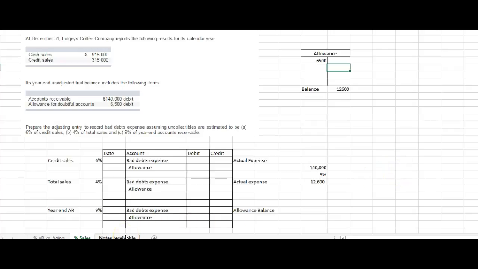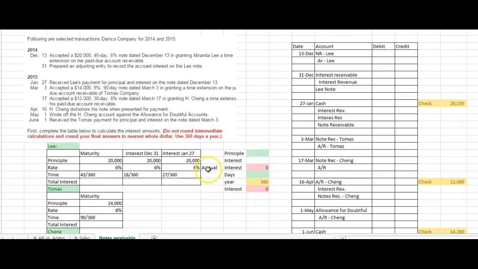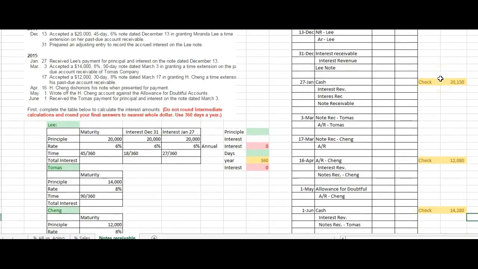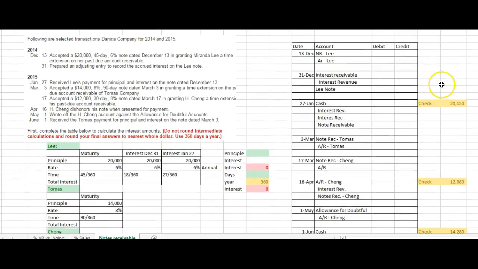And then the very last one can be somewhat confusing. I've given you a bunch of support things here for the interest. So what you need to do is calculate all of these first. So Lee has a note for $20,000.